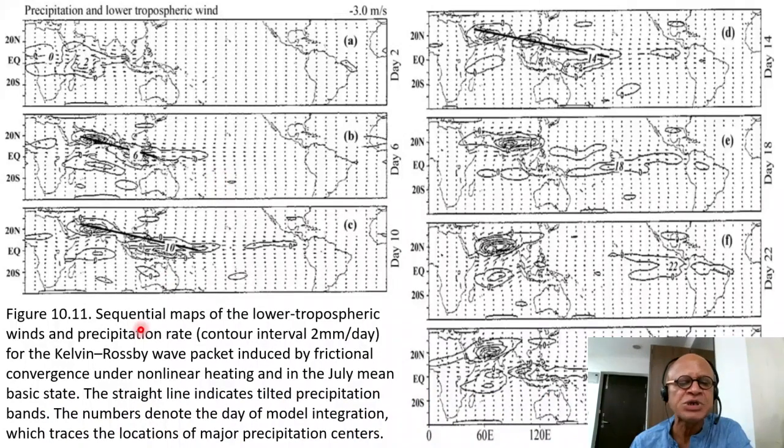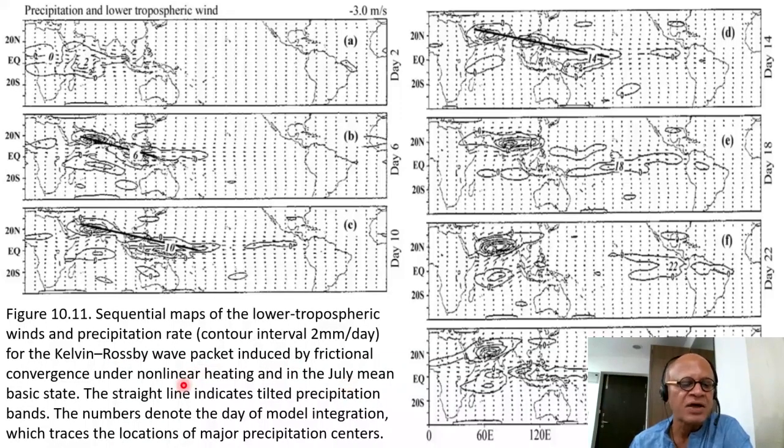So this is a figure of sequential maps of lower tropospheric winds and precipitation rates in 2 millimeter per day contours for the Kelvin-Rossby wave packet induced by frictional convergence under nonlinear heating that we had already seen before, SST threshold, and the positive precipitation condensation heating, in the July mean basic state.